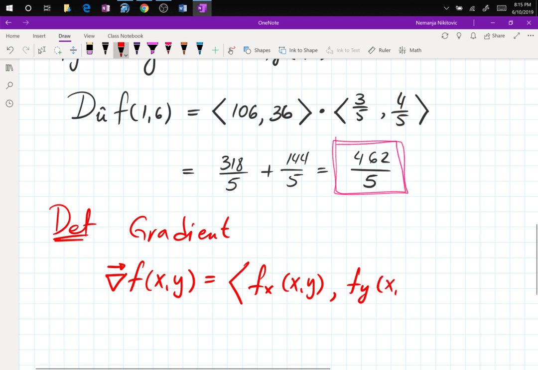So that's all it is. We already had this in our definition for du, where we had a and b instead of x and y.